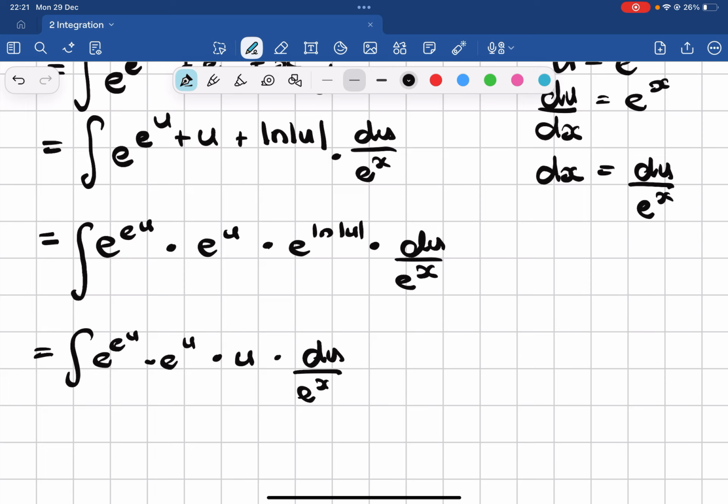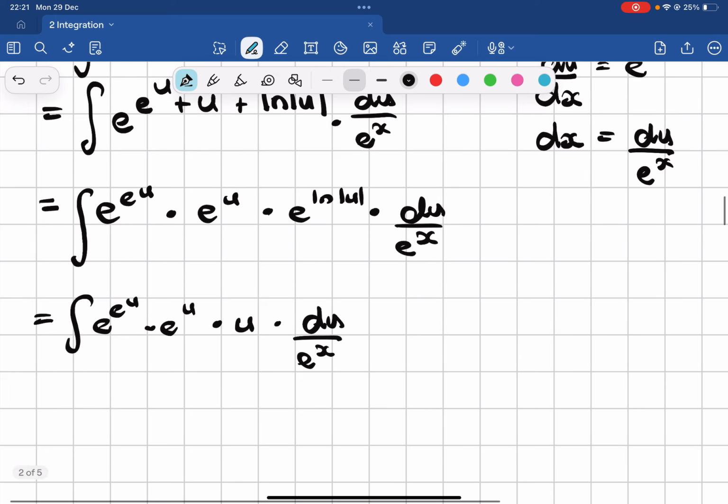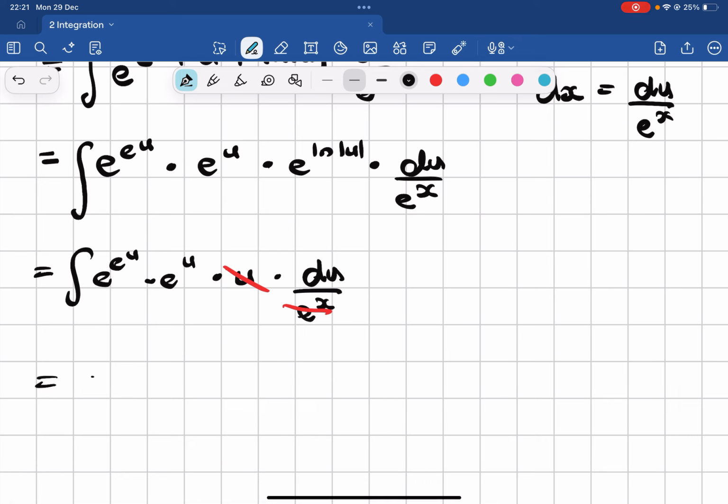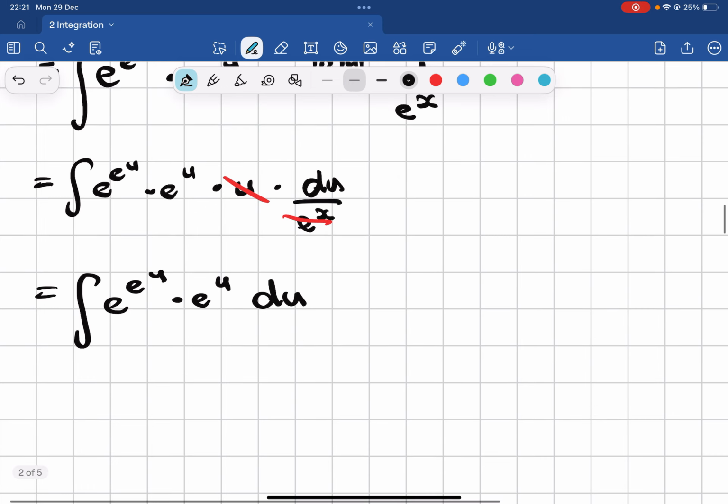And since we have u set to e to the x, we can simply cancel. So now what are we left with? We're left with e to the e to the u multiplied by e to the u, and we're integrating all of that with respect to u.